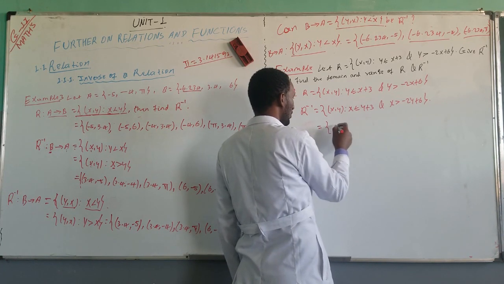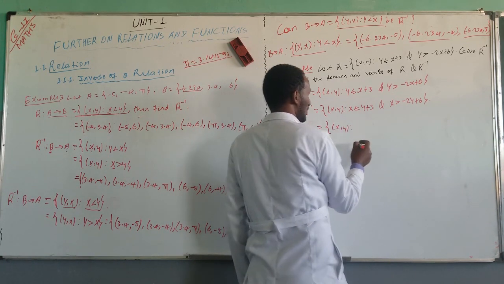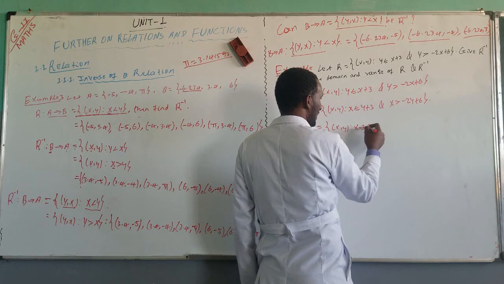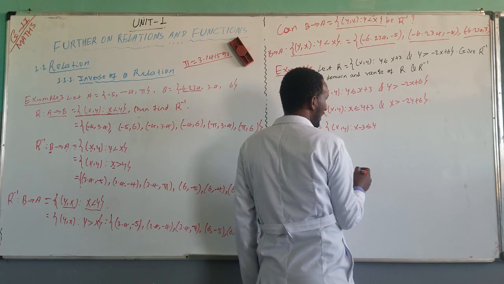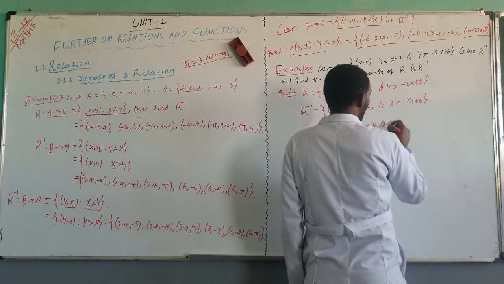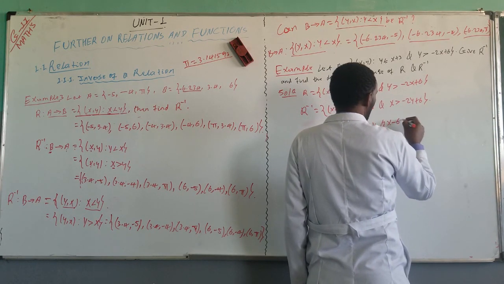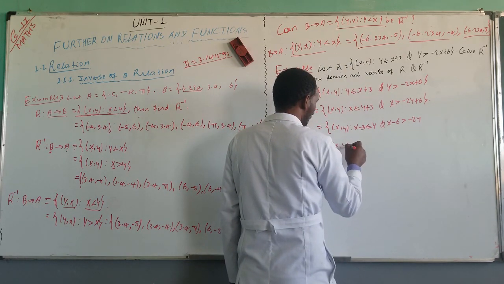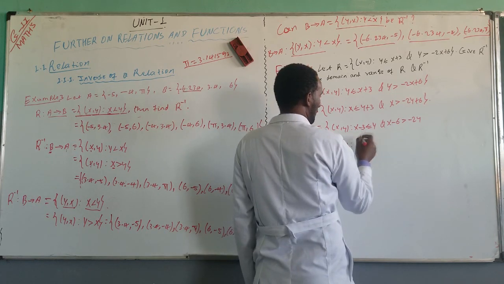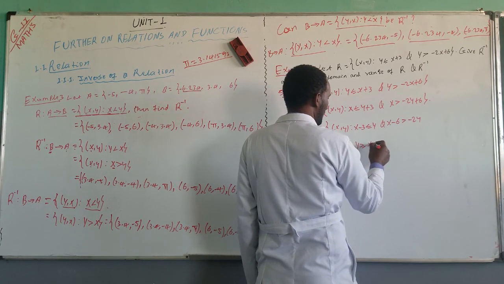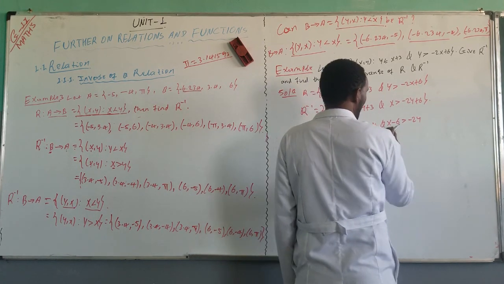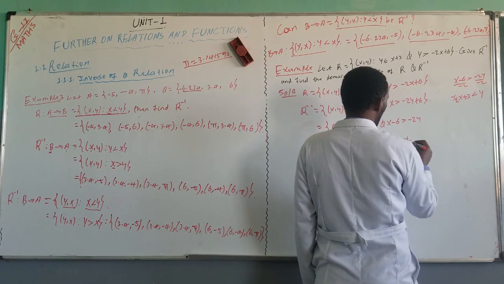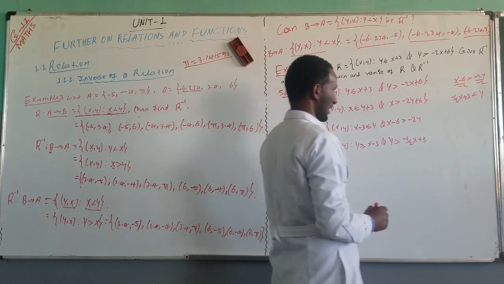That means which is equal to x comma y such that when we express y in terms of x, x minus 3 less than or equal to y, and also we can say x minus 6 greater than minus 2y, which is equal to x comma y such that this means y is greater than or equal to x minus 3 and in this one that means y is greater than minus 1 over 2x plus 3.